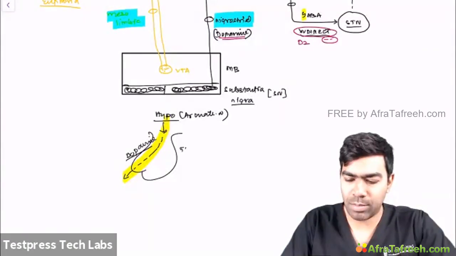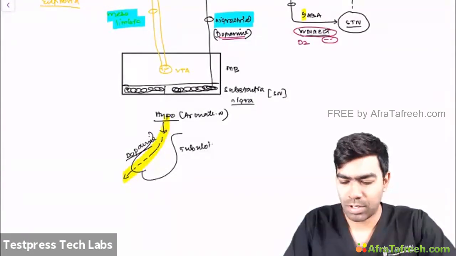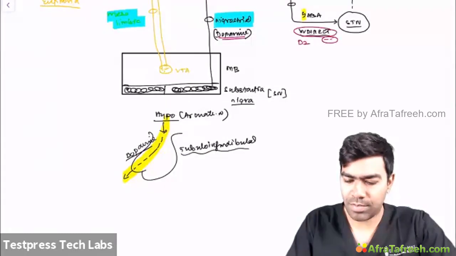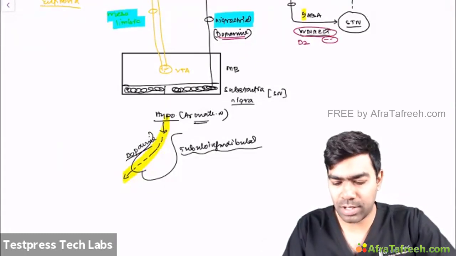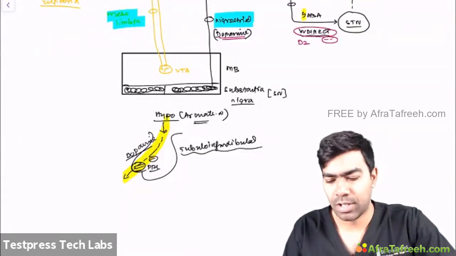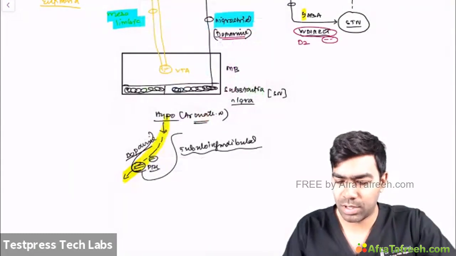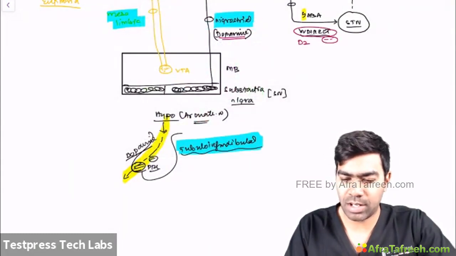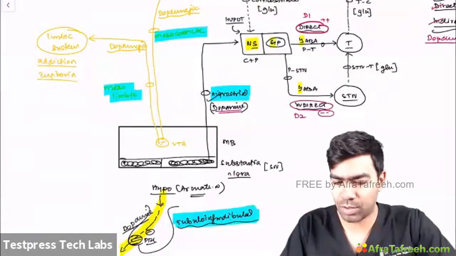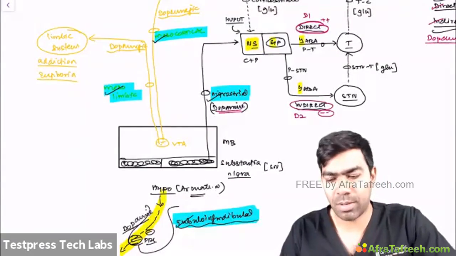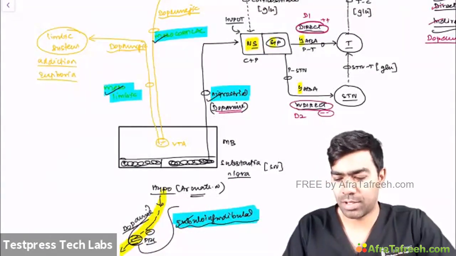That's the tuberoinfundibular pathway, coming from the hypothalamus arcuate nucleus, that controls the lactotrophs that secrete prolactin, and it inhibits them. So there are 4 basic pathways. Now coming back to the pathways of dopamine in the brain, one is the nigrostriatal, of course, that's very important. Then we have the mesocortical, mesolimbic, and tuberoinfundibular pathway for the control of prolactin release.